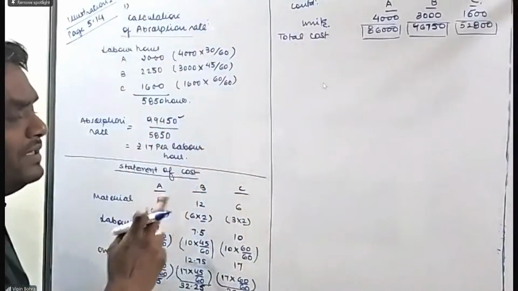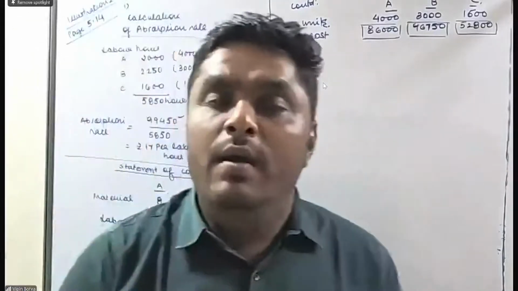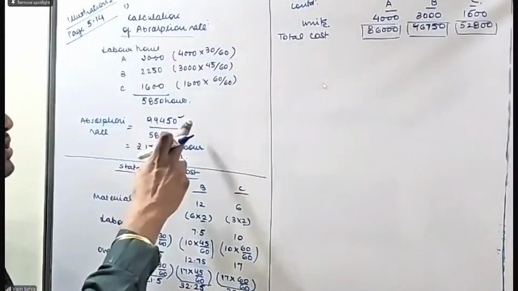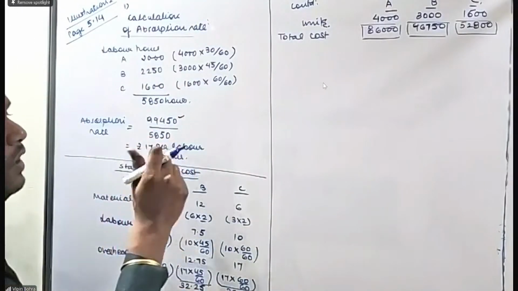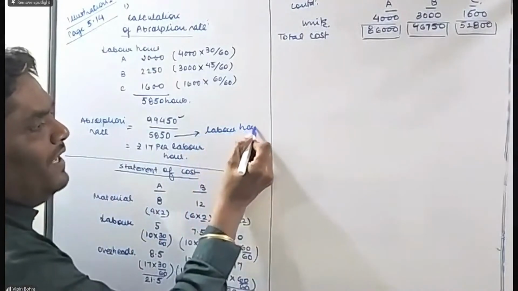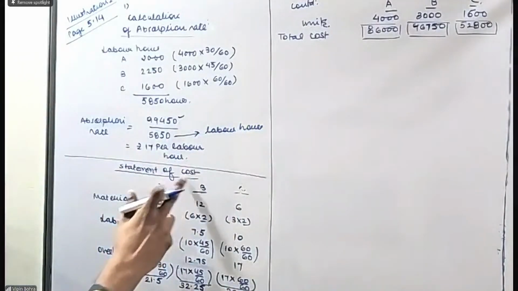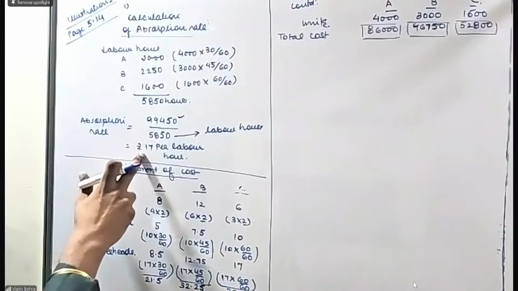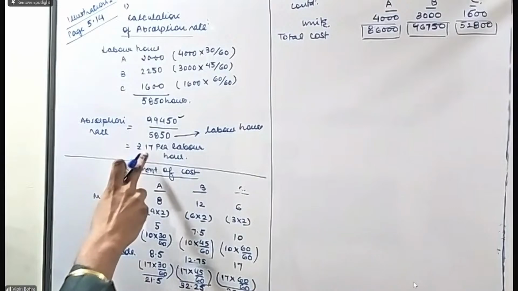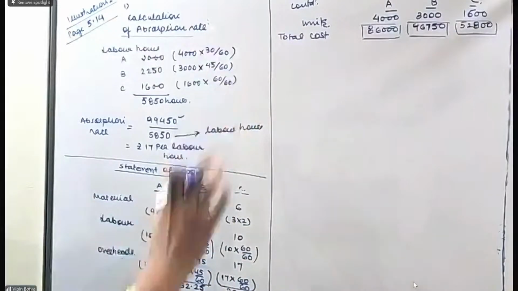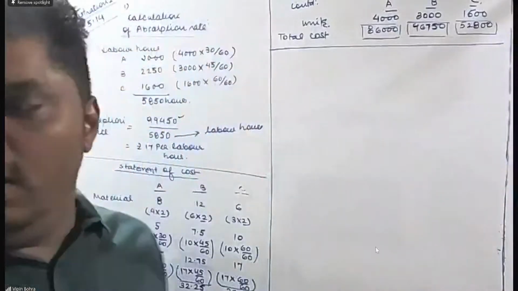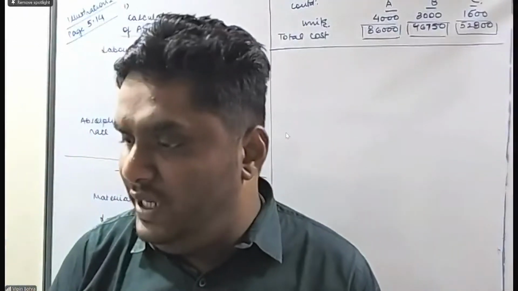These overheads are charged to these three products using the technique of absorption. Here the basis of absorption is labor hours. So we have calculated the rate per labor hour, and accordingly we have charged these overheads. By using this absorption rate, we have charged these overheads to these three products to calculate the total cost of A, B, and C. If you have any doubts till now, please post your queries. Waiting for your queries now.